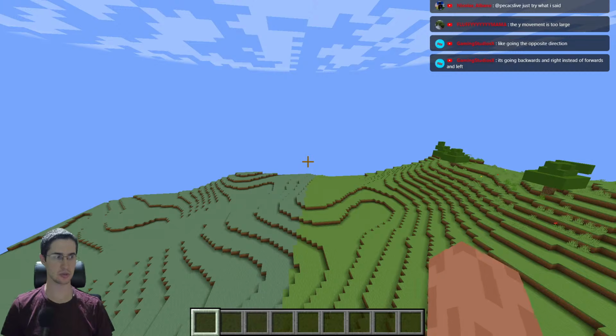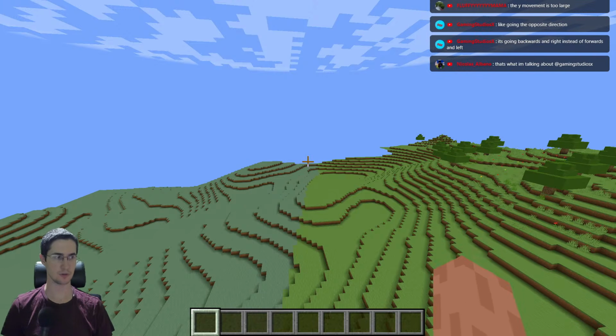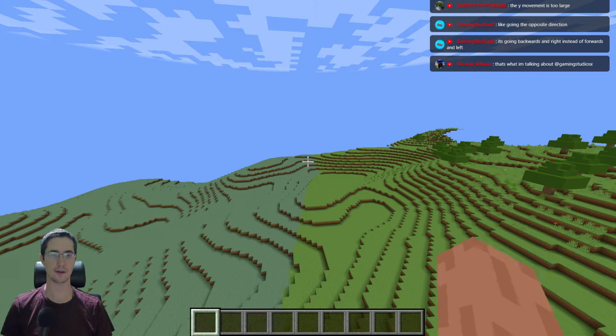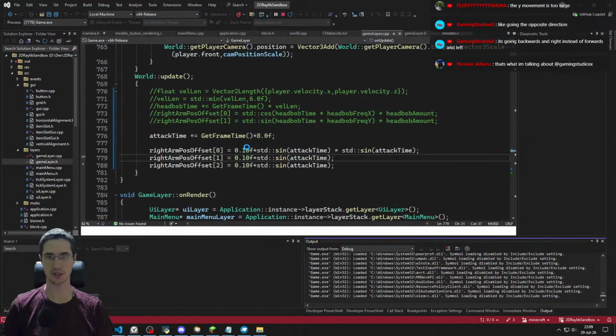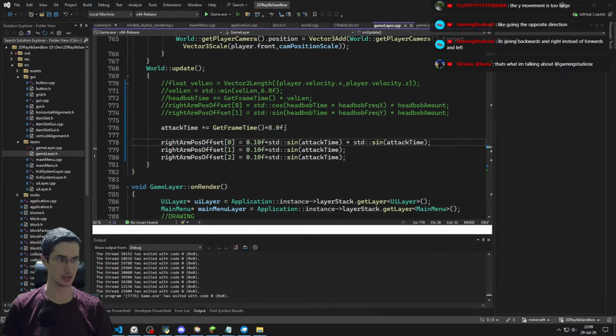It's going backwards and right instead of forward and left. Ah, okay, so let's do what Nicholas said, to do negative. And on the Z negative maybe as well.